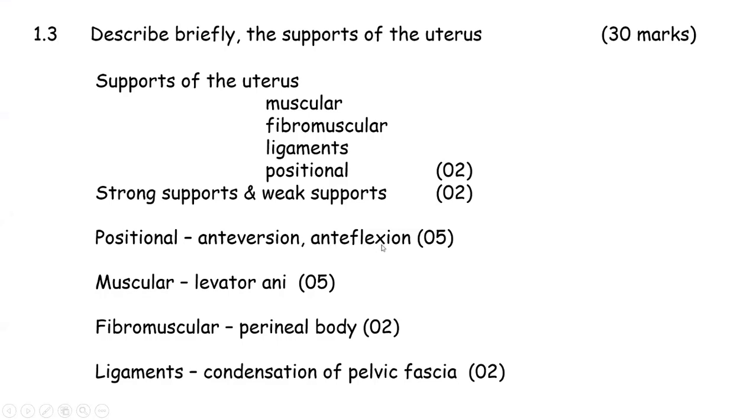Then positional changes, anteversion and anteflexion. Again, you have to tell us what is anteversion, and you have to tell us what is anteflexion, right? So if you tell all these things, you will get about 5 marks for that part. Then about the perineal body and the structures around, location of the perineal body, right?